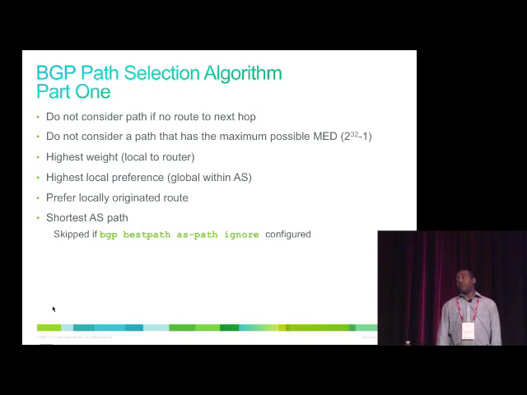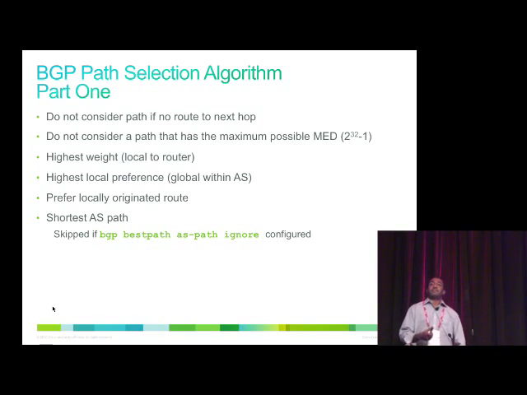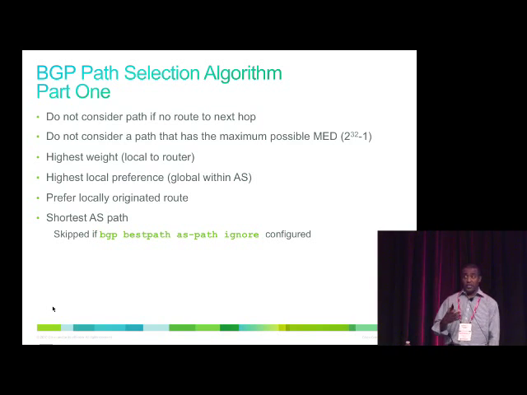Path selection, this is very important. To understand how it works, there are some variations between vendors, but the standard also specifies the preferences. In addition to that, vendors also add additional features. So here we'll just discuss the general path selection algorithm.